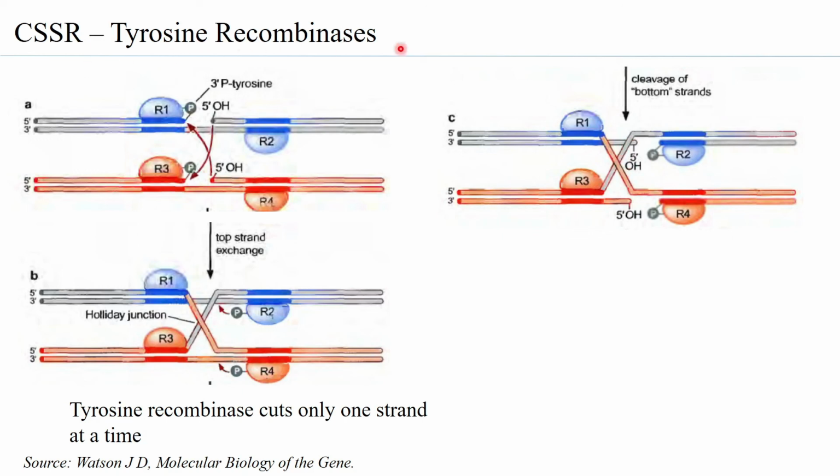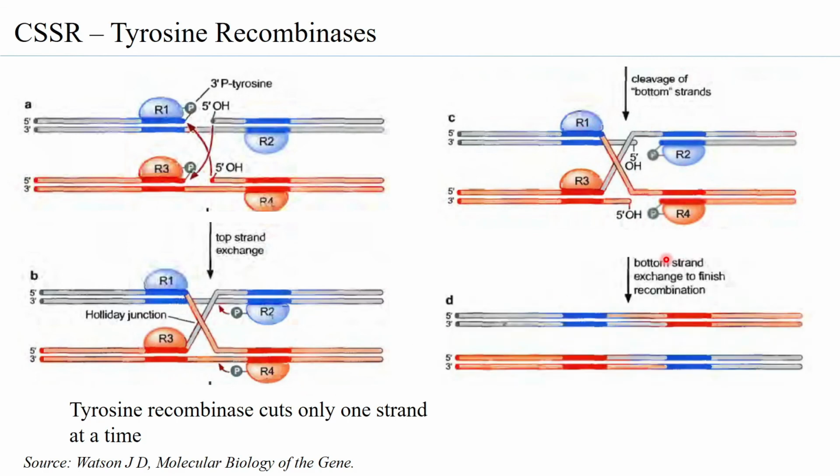So in tyrosine recombinases, you will have two Holliday junctions being formed between the two respective strands, and that happens one after the other because tyrosine is able to cut only one strand at a time. And of course, after joining, you can see how you have recombination happening, and at the crossover you can see you have patch recombination that is happening.